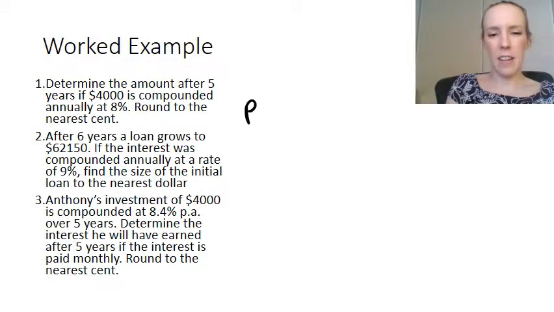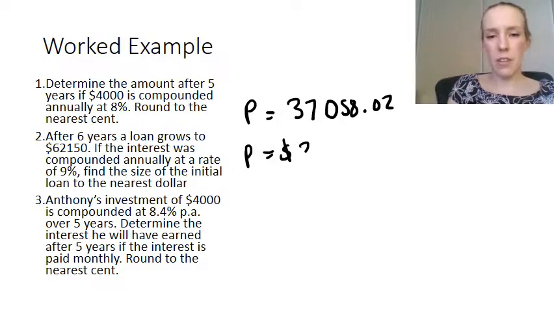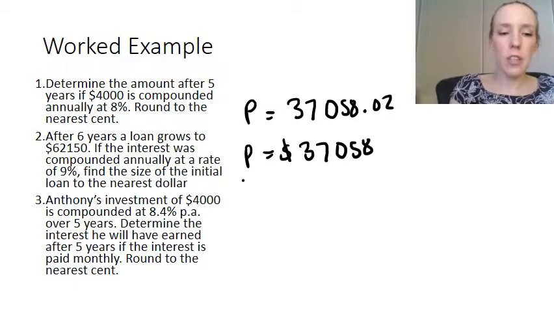So our P value, our principal amount, was $37,058.02. It asks us to round to the nearest dollar, so P equals $37,058.